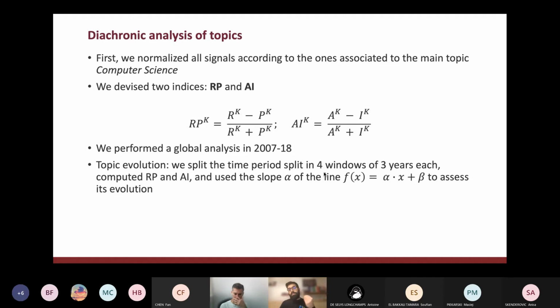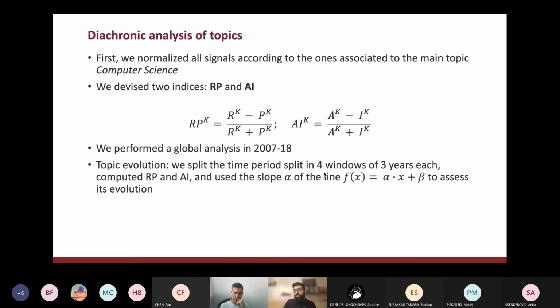Otherwise, if this index is negative, it means that this topic is very relevant for the industrial counterpart, which means that it has the potential of being commercialized, because that's the objective of a company, to commercialize stuff. So whether a topic can be commercialized or not.